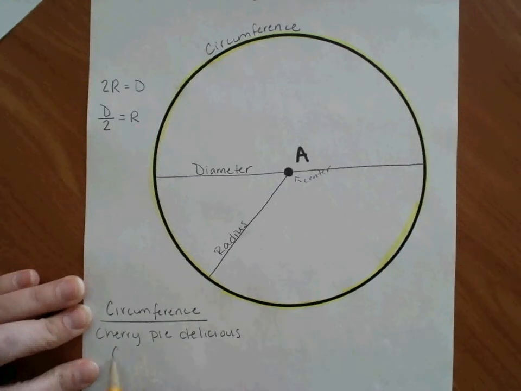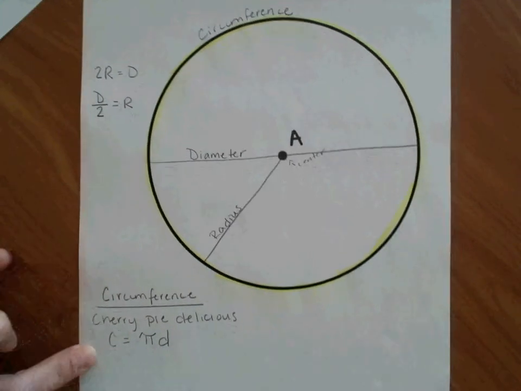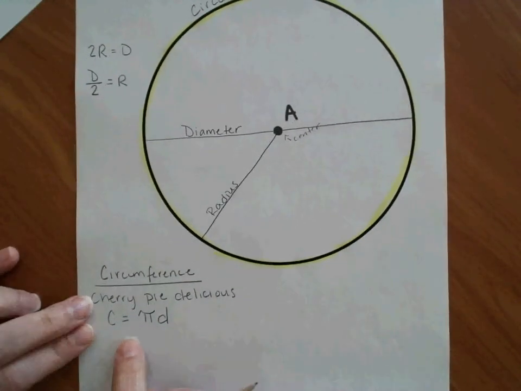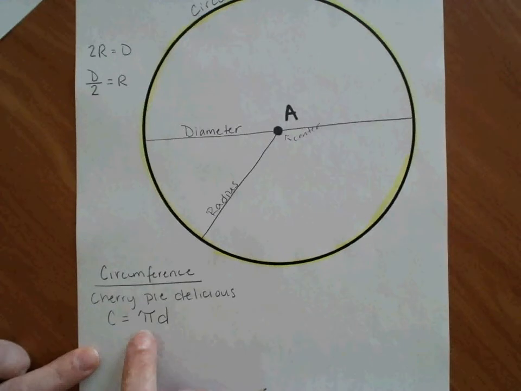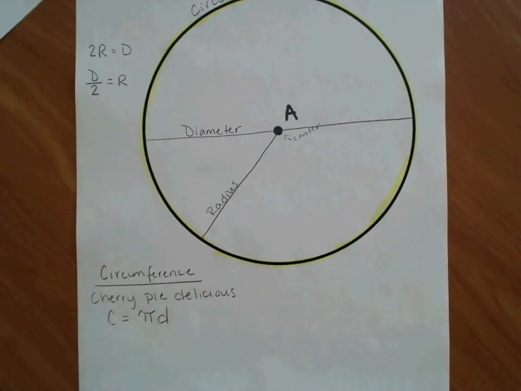Circumference equals pi times diameter. Remember, for pi we use 3.14 generally, but there is a pi button on your calculator.